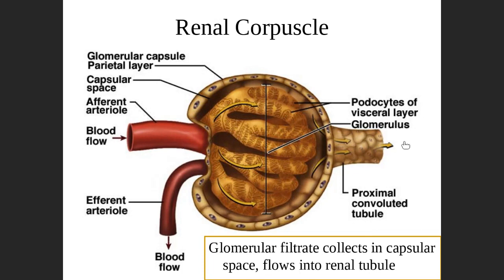The filtrate then continues down to the descending loop of Henle, where water is removed, because the loops of Henle push into the medulla, and in the medulla a salinity gradient is established. In the ascending loop of Henle, salt is transported out into the medulla. So the function of the loops of Henle is to maintain that salinity gradient.